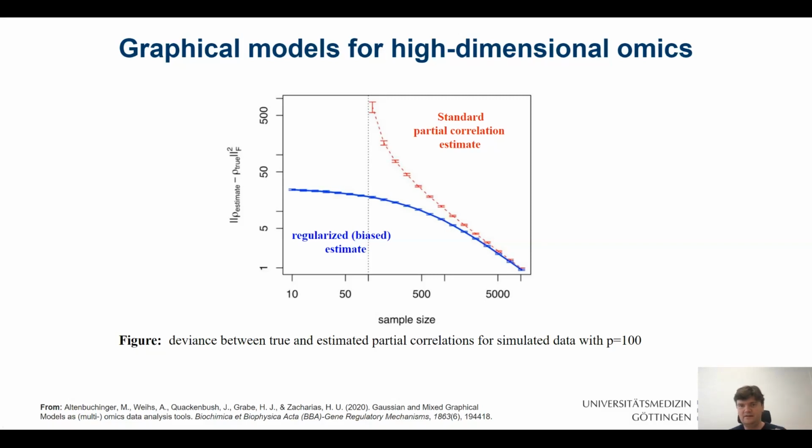That means if I have even fewer measurements, or the same order of magnitude of measurements as I have variables, I cannot estimate it, or if I have slightly more measurements, the error gets pretty large. So I usually need many more measurements, meaning samples, than variables.